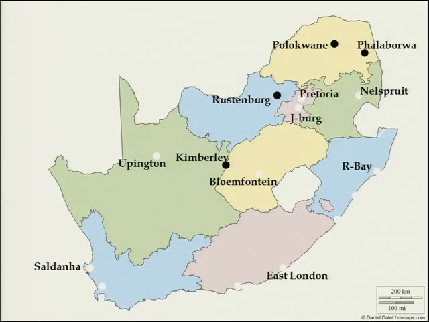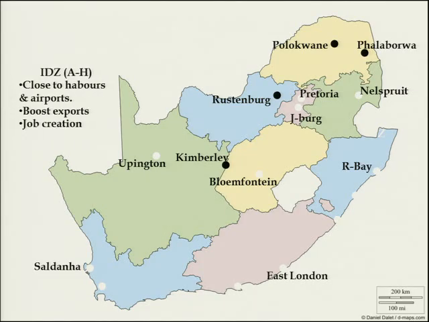Now let's look at a map. Our map shows areas in South Africa that are industrial development zones. Remember, they are going to be close to where there are harbors and airports. They are going to boost airports. Their aim again is to create employment. Those are our industrial development zones.